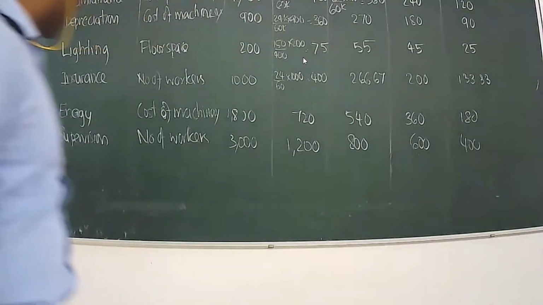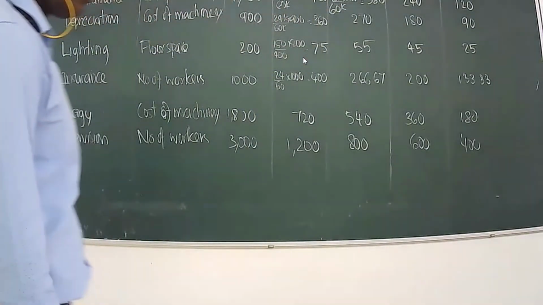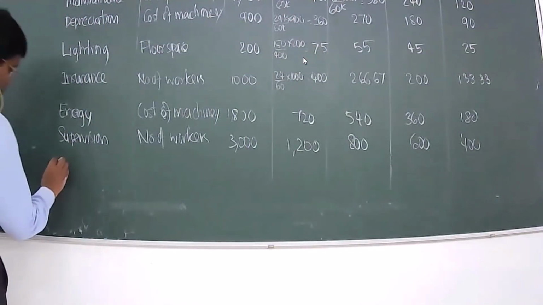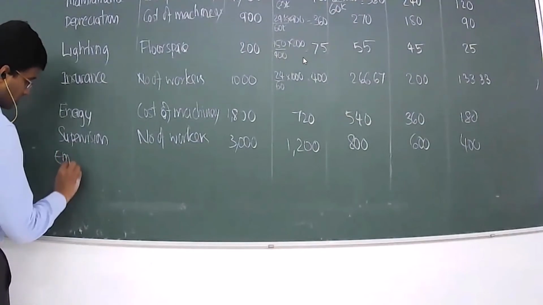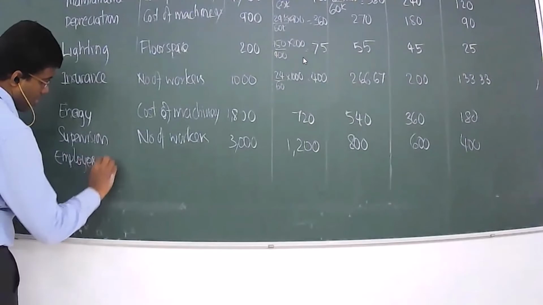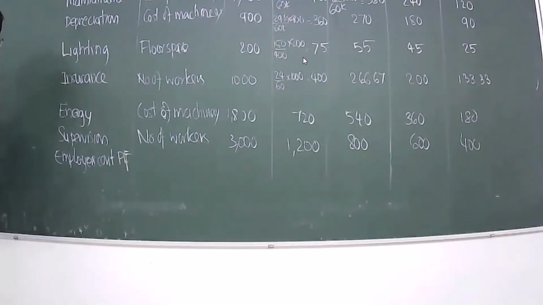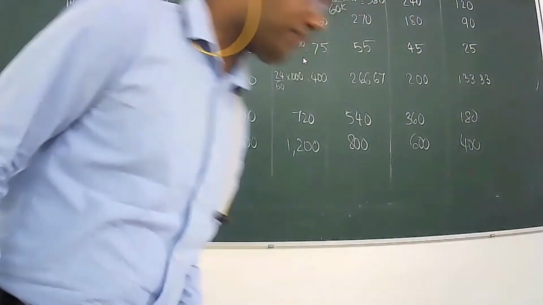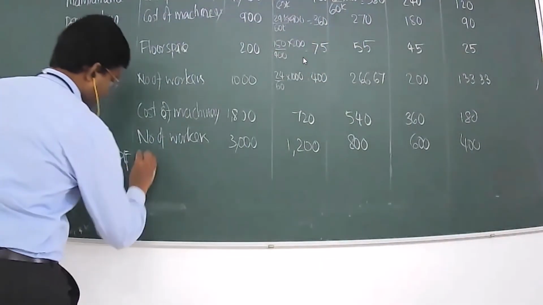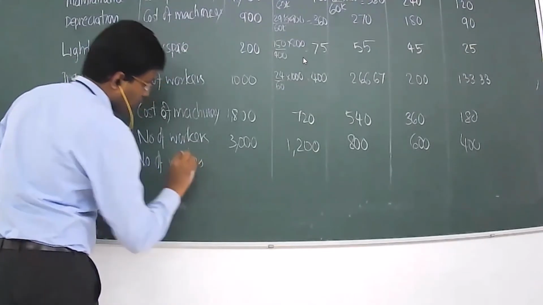Okay, so we're done with that, and then we've got one last thing to go, which is employer's contribution to PF. Again, what do you think would be the basis for this? Some of you have already got that also correct. That will again be number of workers.